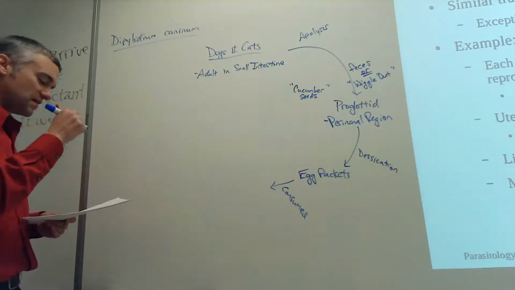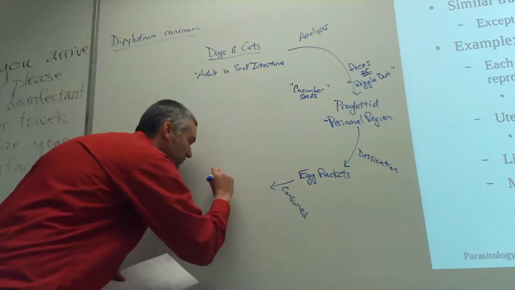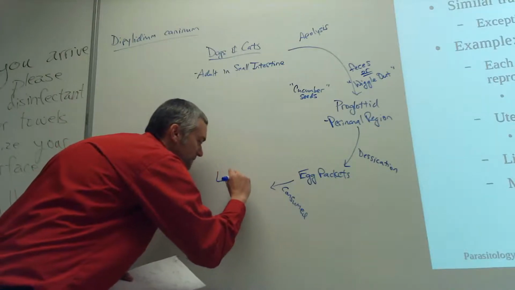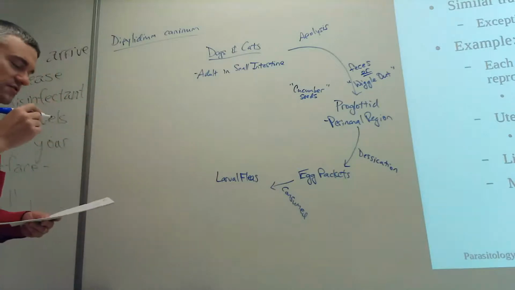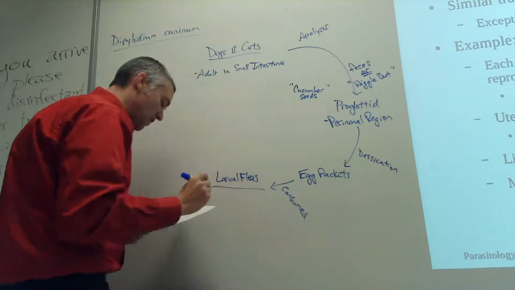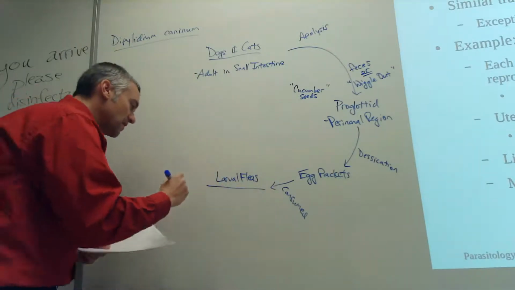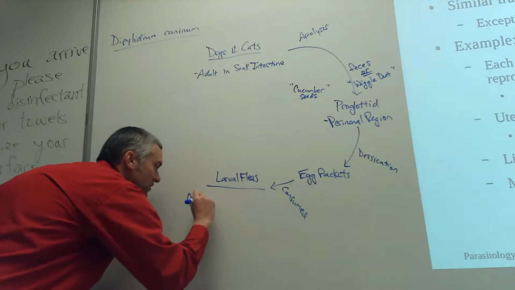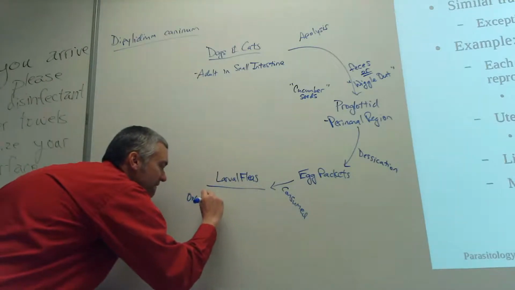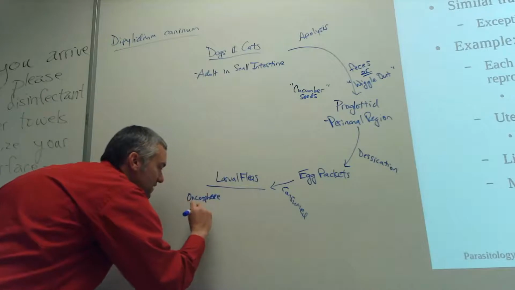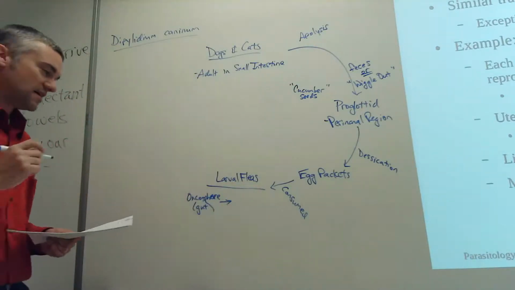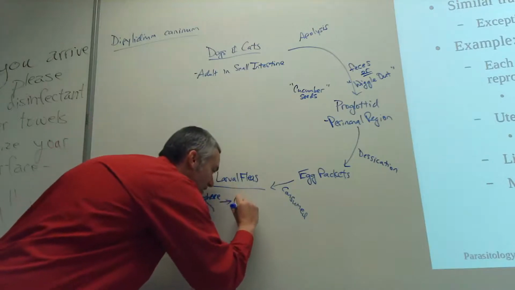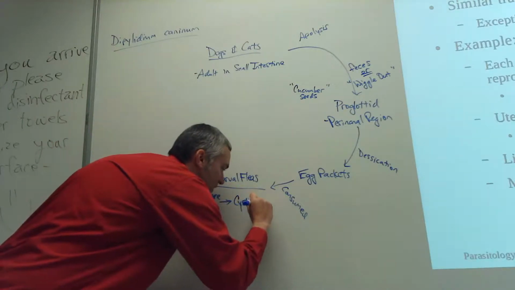So in this life cycle, it actually goes into larval fleas first. Fleas are our intermediate host. So it's the larval fleas that feed on this organic material where you have your oncosphere that's in the gut, bores out of the gut into the hemocoel where it forms a cysticercoid.